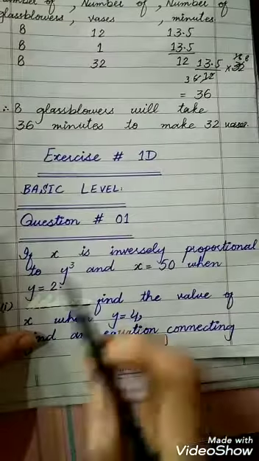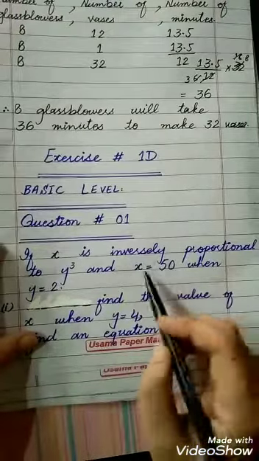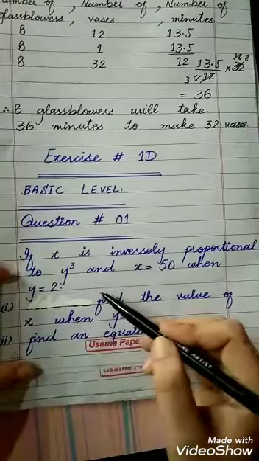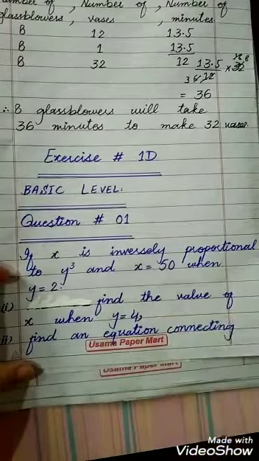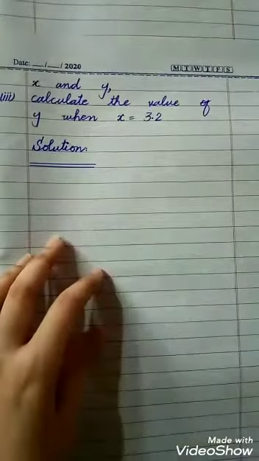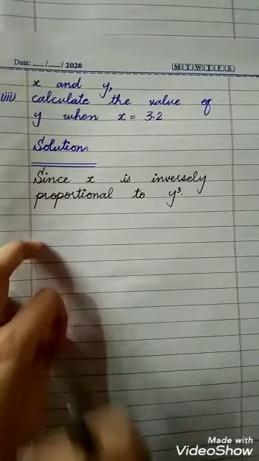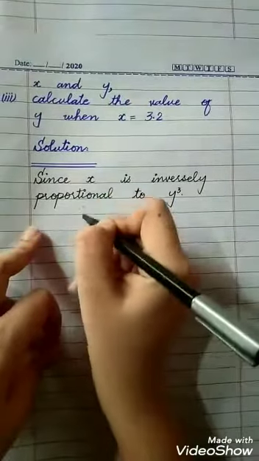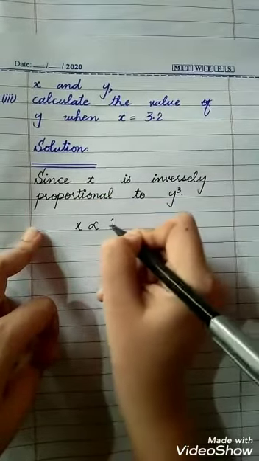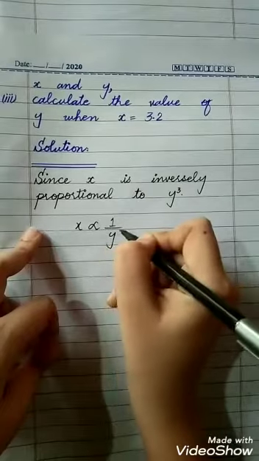So students, the relation between x and y is inversely proportional, and both values of x and y are given first, and we have to find the value of k by placing these two values. Let's start. So x is inversely proportional to y cube. It means we will write the relation, inversely proportional to y cube.